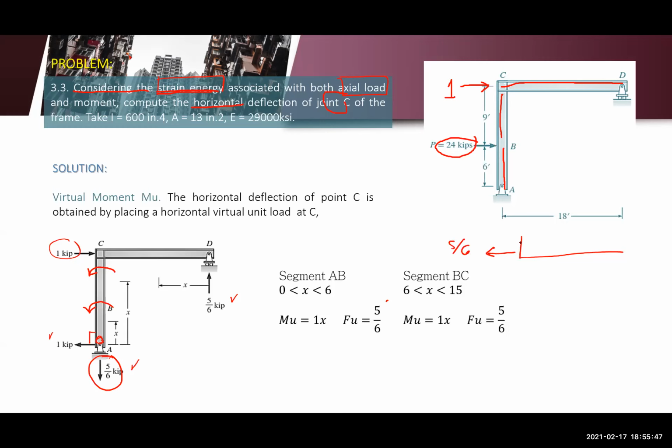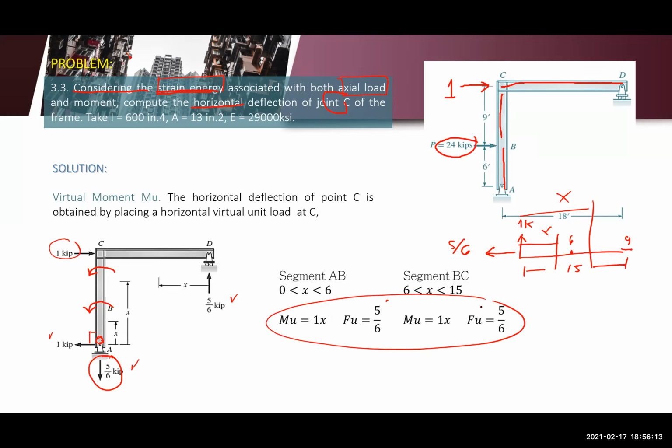Tapos, meron daw na 1 kip. Tapos, this is 15. Kung na-confuse kayo sa nakatayo, tapos magka-cut kayo dito ng x, tapos magka-cut pa kayo ng isa pang x, dun sa 6, tapos 9. Same lang yung makukuha niya. Kung malito kayo, pahigaan nyo na lang yung member, kung mas nasanay kayo sa kuha ng moment equation sa beam.